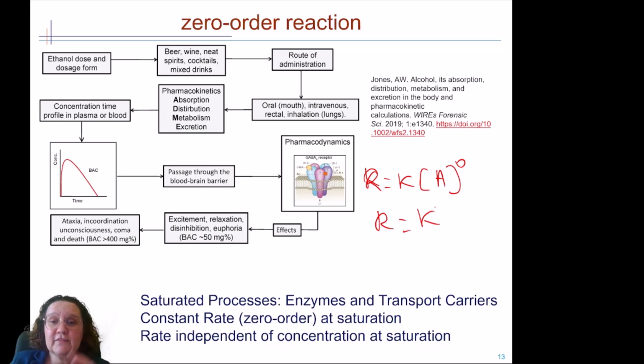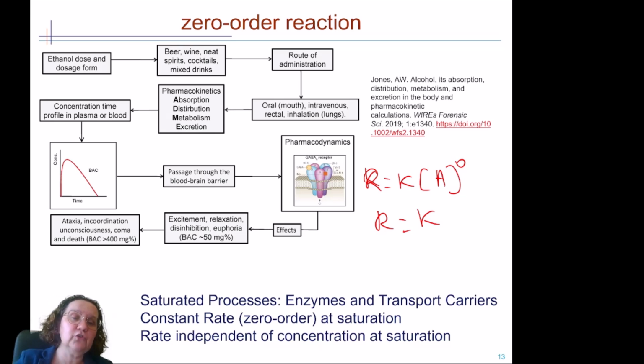The enzymes and transport carriers that metabolize the alcohol get saturated, and once they are saturated, they will break down alcohol in blood at a constant rate. And it doesn't matter what the concentration of the alcohol is, the rate of the reaction will not change.